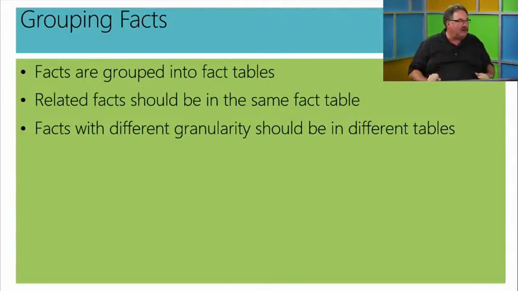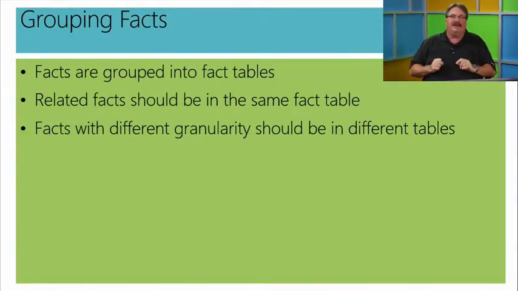There's going to be some nulls. Means you can't put them in the same table. Design impact. Absolutely. So one of the grouping considerations is to make sure that you keep only those facts that have the same key relationships, the same dimension relationships, together in a single table.